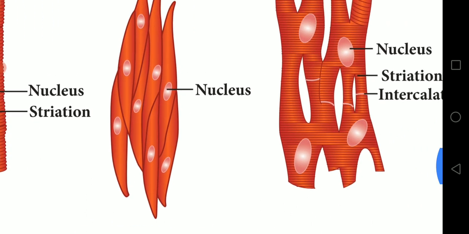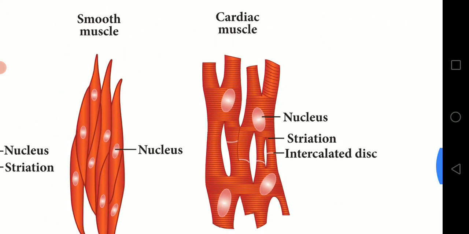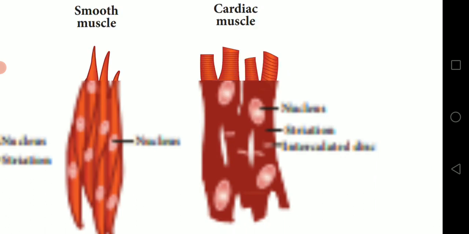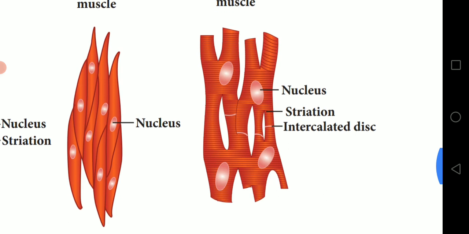The next muscle is the cardiac muscle. Cardiac muscle is a special contractile tissue present in the heart. The muscle fibers are cylindrical, branched, and uninucleate.